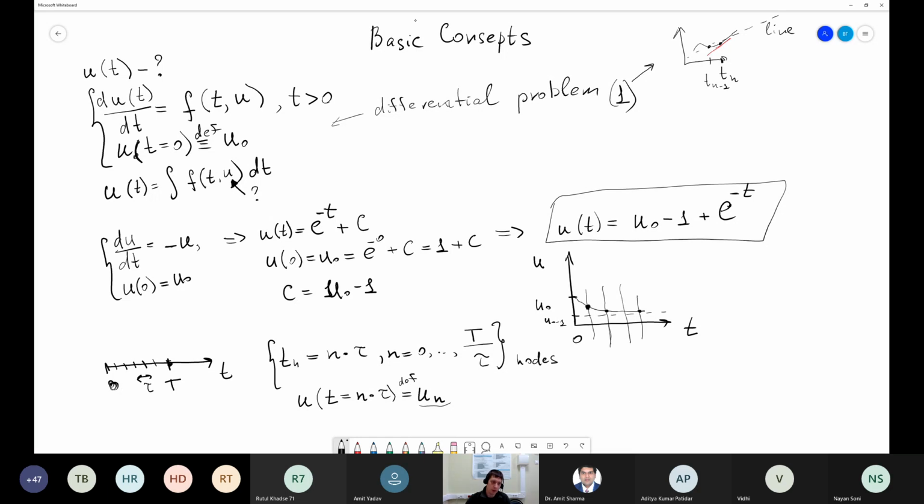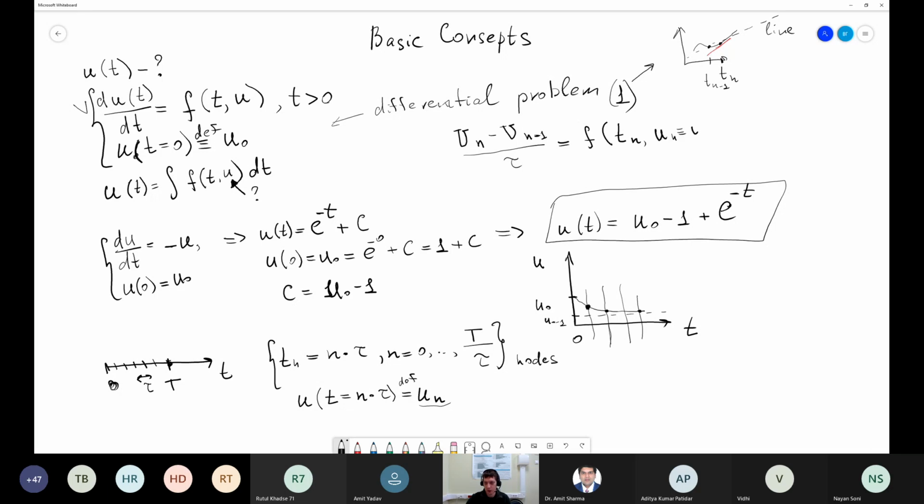We will say that we have this equation, and we have some new unknown value u at the time n minus u at the time n minus 1, divided by tau. This is the approximation of this first derivative, equal to the value f at tn and un.